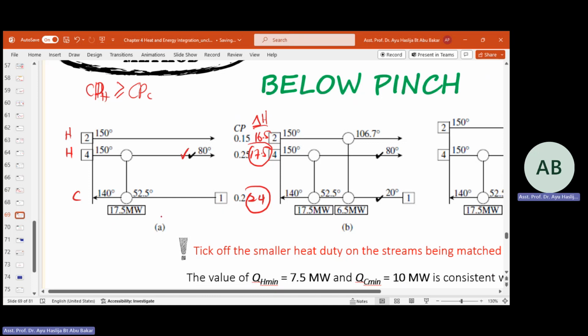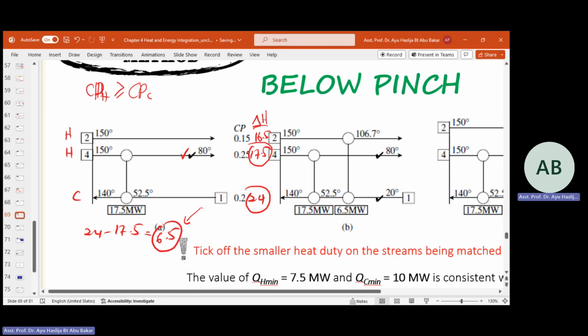So how many more do you need to achieve the target for stream 1? 6.5 for you to achieve the T target for stream 1. So this much energy is required. Where can we get it? We can get it from stream 2.